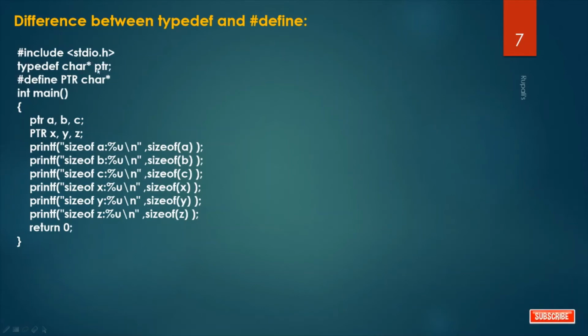So what is the difference between these two? And when in main we write ptr a comma b comma c, and this ptr x comma y comma z, what it actually means. See here.